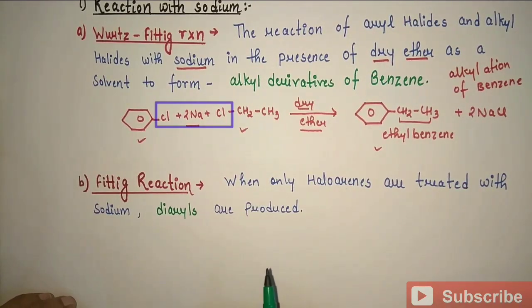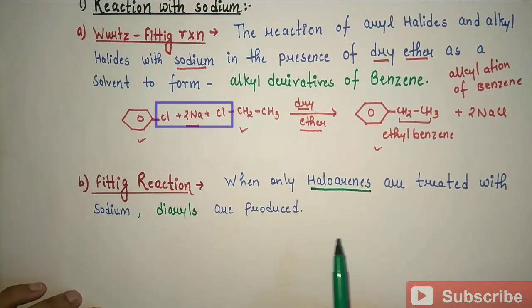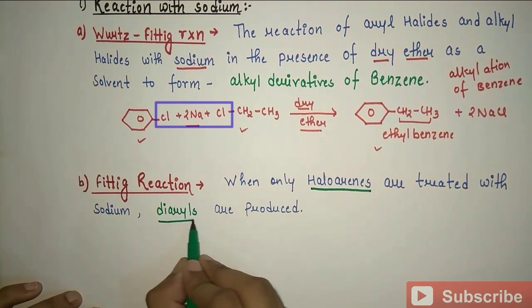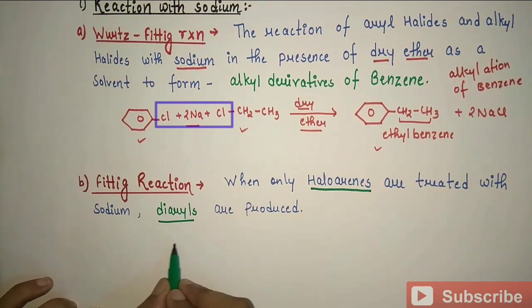Now the second one is the Fittig reaction. So what happens in this reaction? Only haloarenes are treated with sodium in the presence of dry ether, and they will form diaryl as the product. Let's see. This is our chlorobenzene.